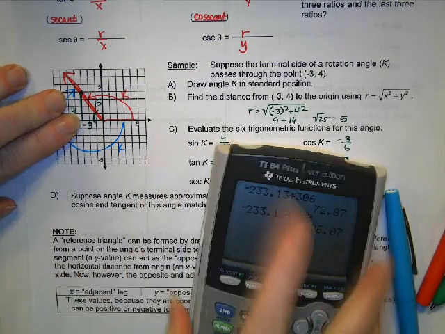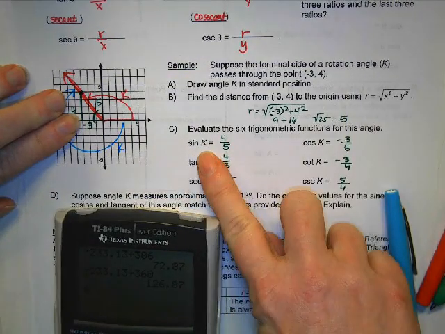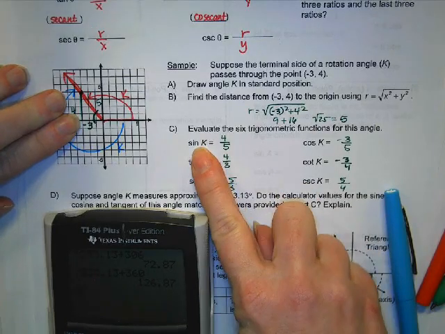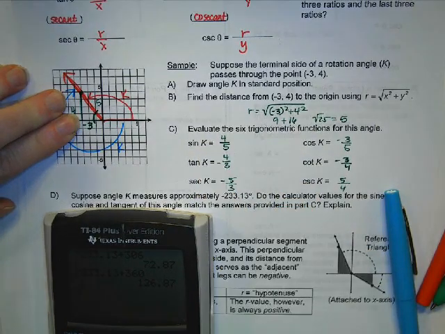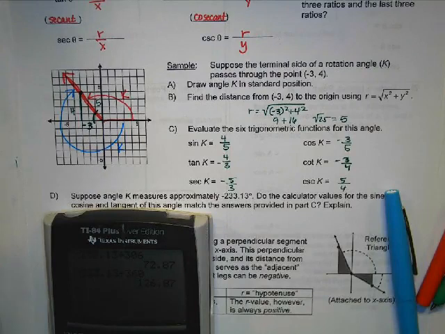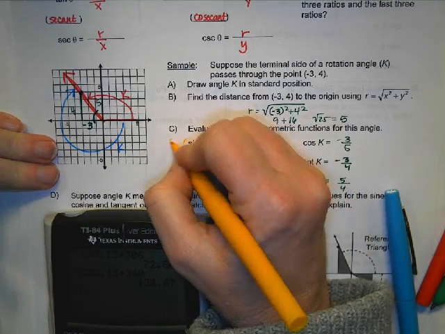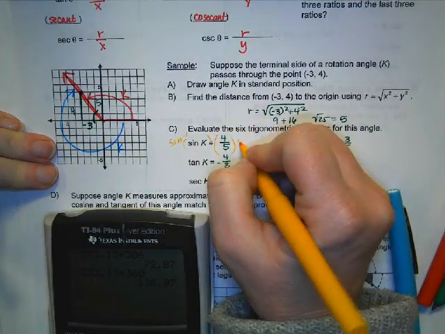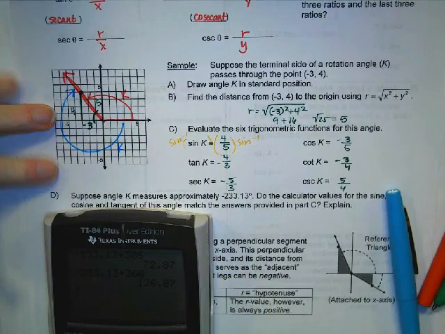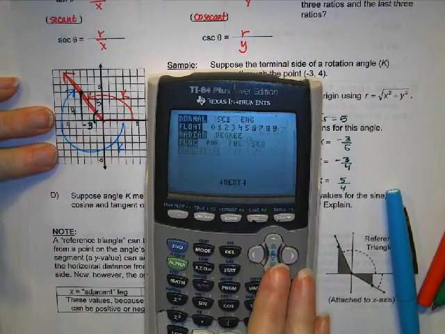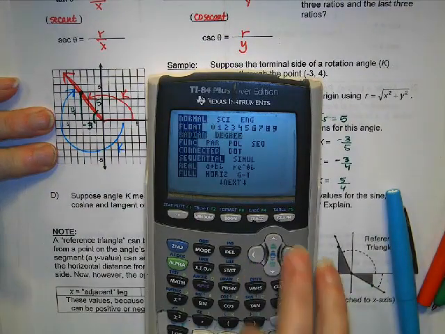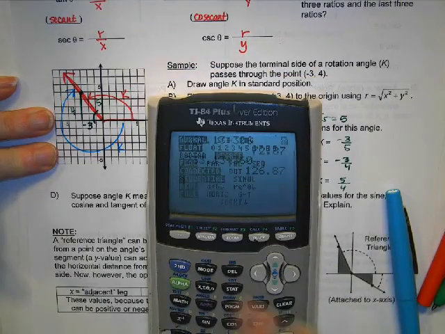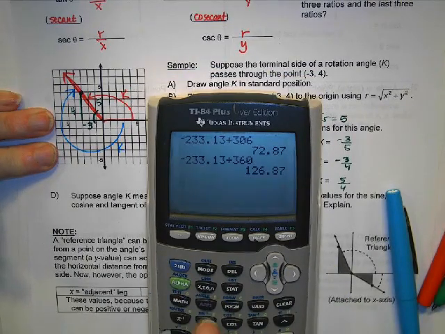So if I solved sine for K, get K by itself, I would arc sine this, sine to the -1. So arc sine or inverse sine of 4/5, let me make sure I'm in degrees. I am not. All right. So I'm going to do arc sine of 4 over 5.